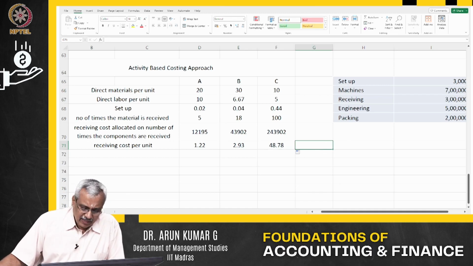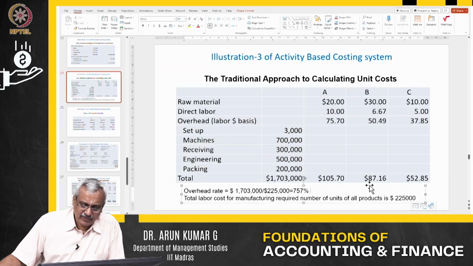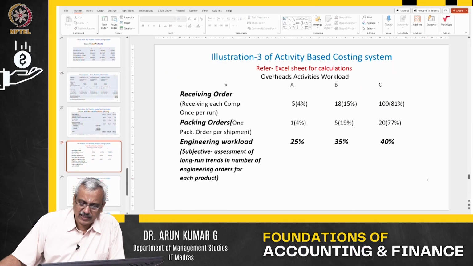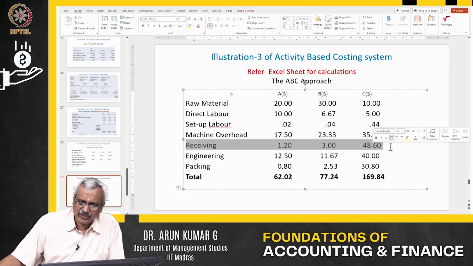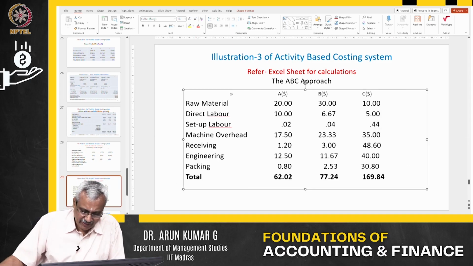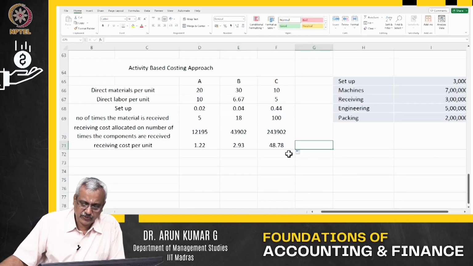Now can I look at the PPT slide, whether I have the calculations there? Yes, I have all the calculations. There will be some decimal differences, so don't worry about them as we go along. This PPT can also be used as a reference for you.